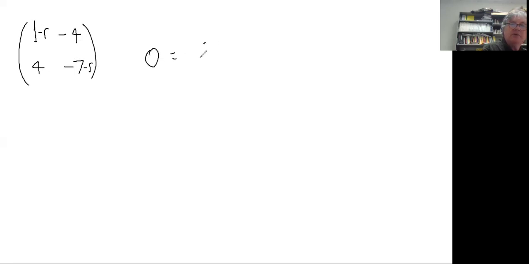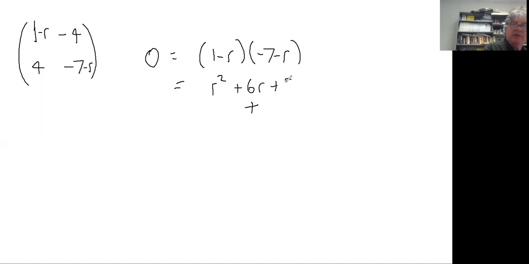The determinant of this, which is 1 minus r times minus 7 minus r, turns out to be r squared plus 6r plus 9.